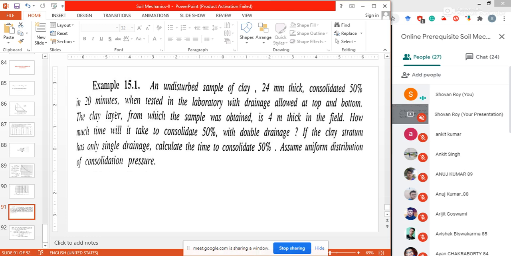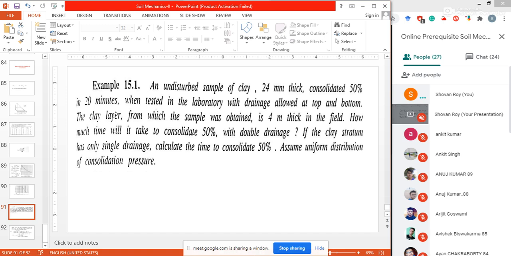When drainage is allowed at top and bottom, that is double drainage. We are allowing drainage from both sides, top and bottom. Our sample thickness is 24 mm and it consolidates 50% in 20 minutes. This is the rate of consolidation.